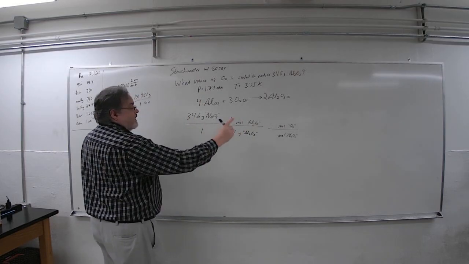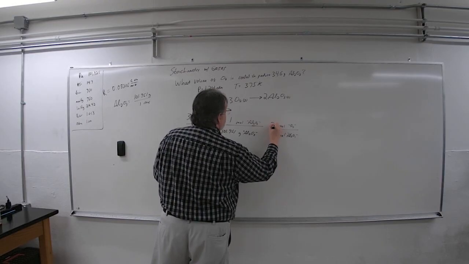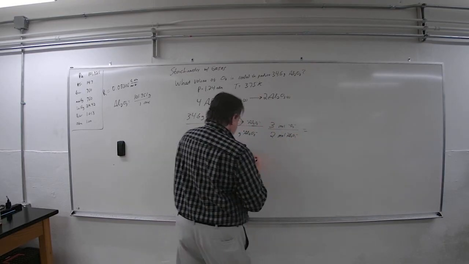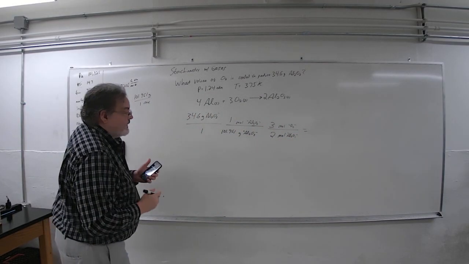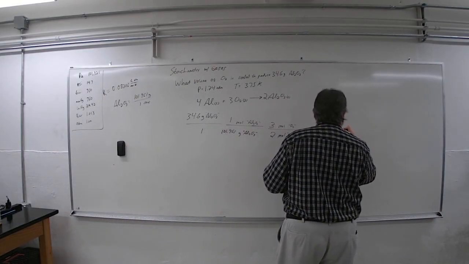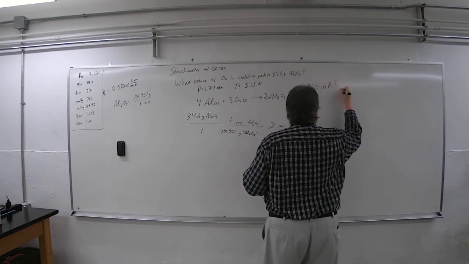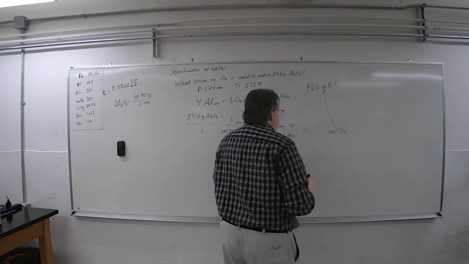There's 1 mole. This is the mole ratio up here. So 2 of those to 3 of those. And that's going to give you the moles of O2. So that's what we're finding here.